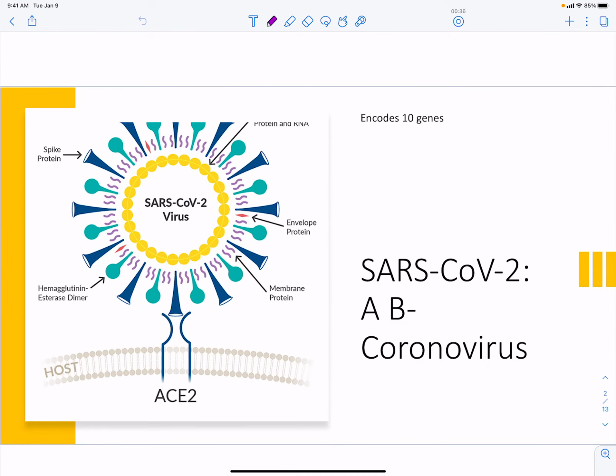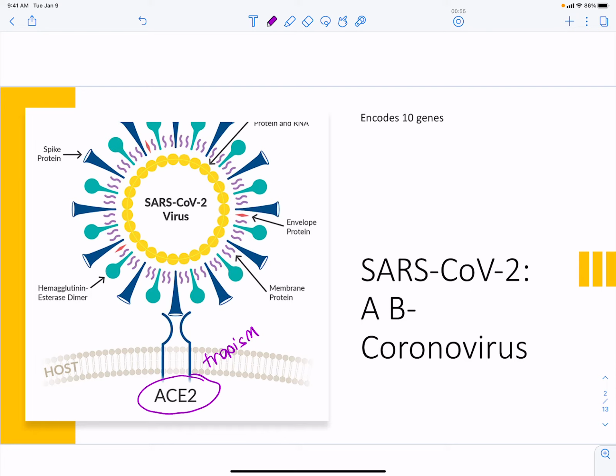So now, just very briefly, the virus has these spike proteins, and the spike proteins confer the tropism of the virus because it's going to bind to cells that express ACE2 receptors. So this is tropism. Now, the virus is going to get into the cells.